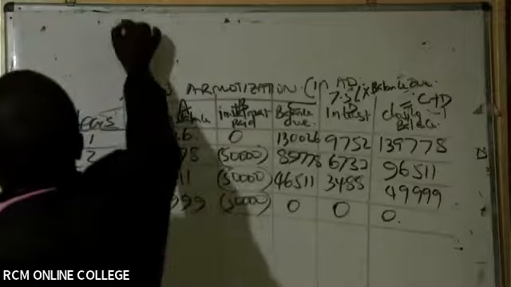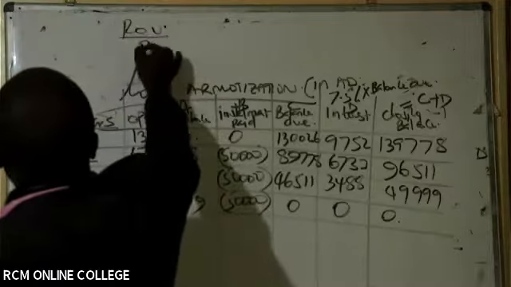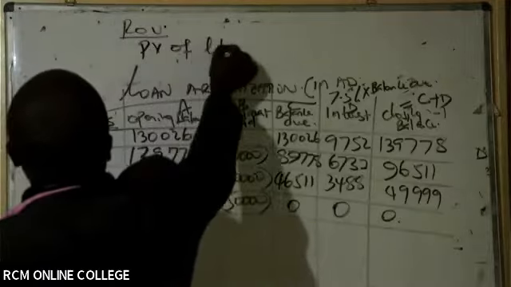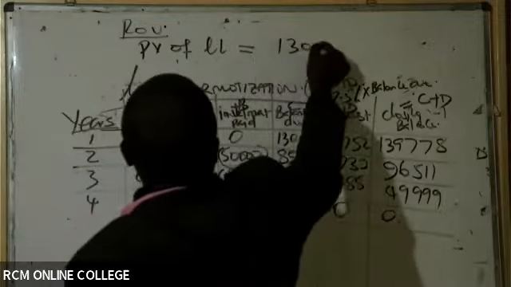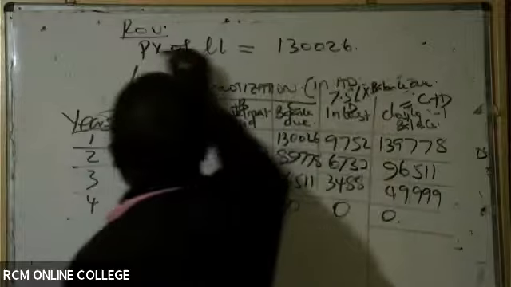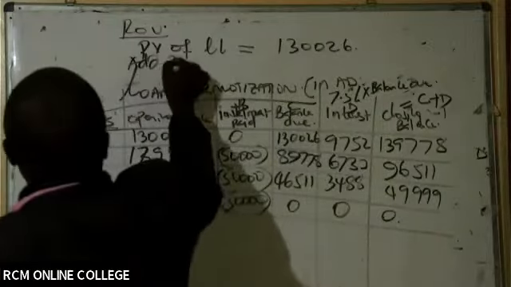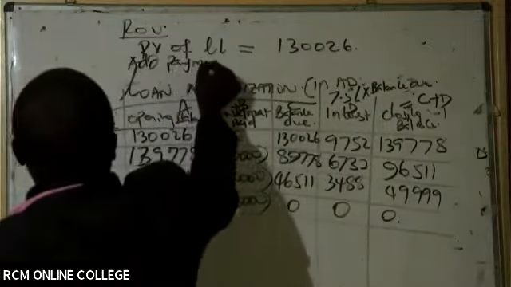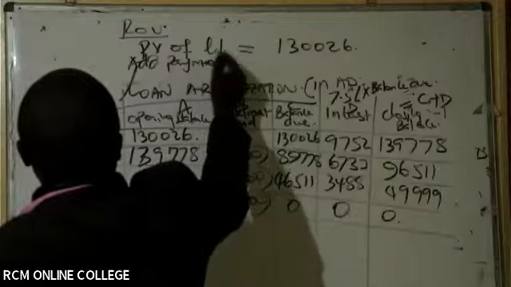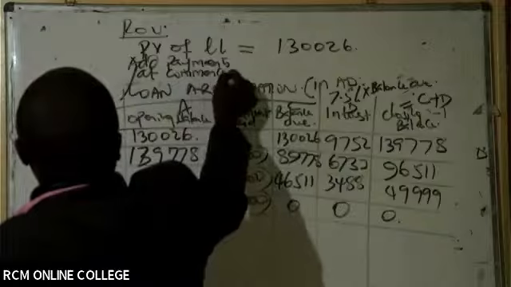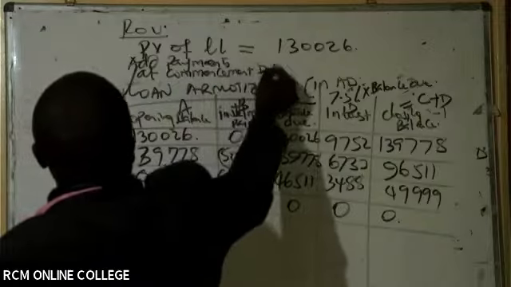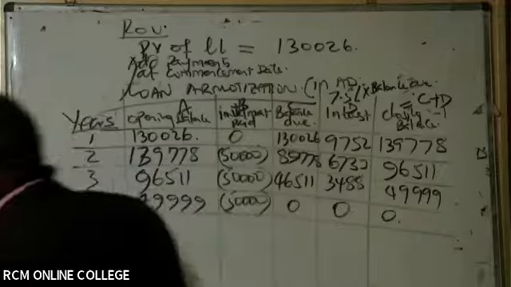So to get the right-of-use asset (ROU), take the present value of the lease liability, which was 130,026, and add payments made at commencement date.